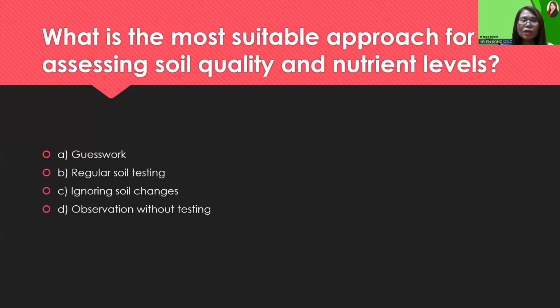Next question. What is the most suitable approach for assessing soil quality and nutrient level? A. Guesswork. B. Regular soil testing. C. Ignore soil changes. Or D. Observation without testing.